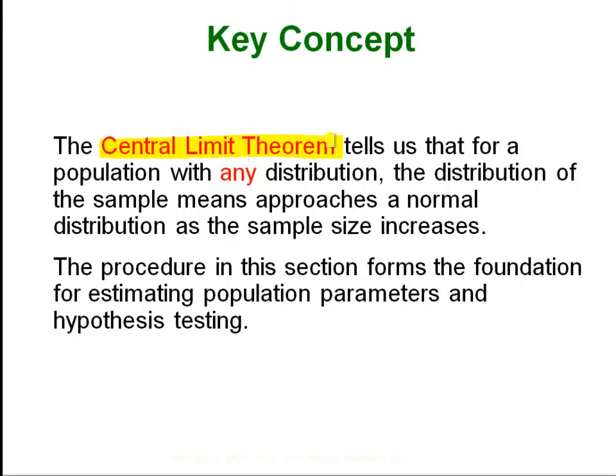The central limit theorem tells us that for any population with any distribution, so it doesn't matter what our parent population looks like, whether it's a normal distribution, skewed, uniform, irregular, whatever it happens to be, we know that if we sample from it over and over and over again, the distribution of those sample means always approaches a normal distribution as the sample size increases. And in fact, usually once our sample gets above about 30, then we're going to get a pretty perfect normal curve.